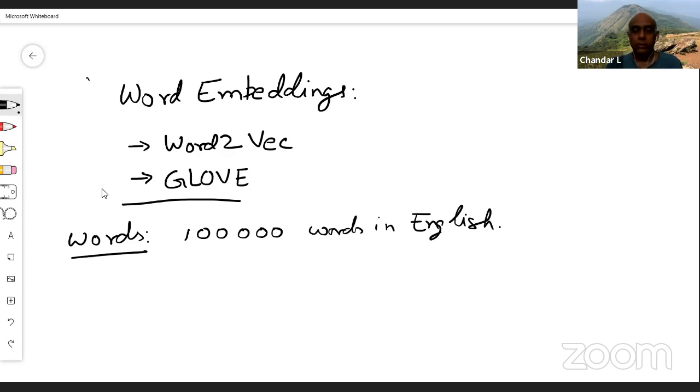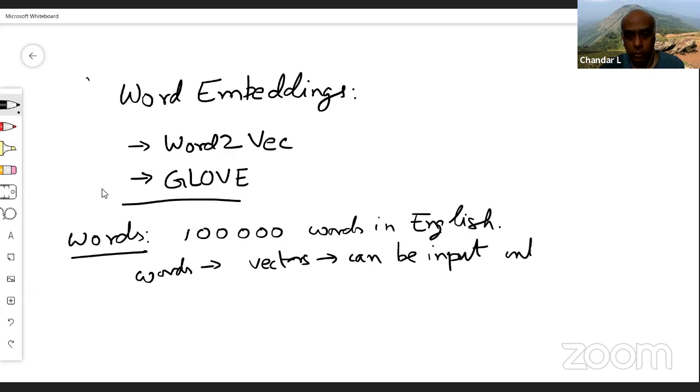Now, why do we want to convert them to vectors? The reason is that for any kind of machine learning, any natural language processing we want to do, we need to convert words to vectors which can be input into one of the ML algorithms.